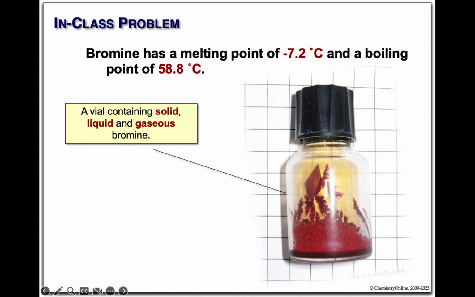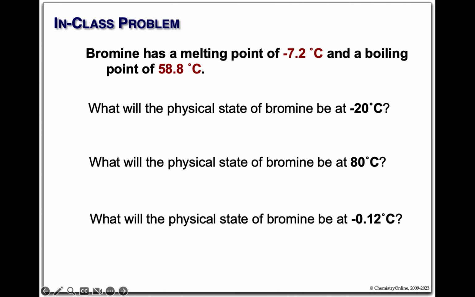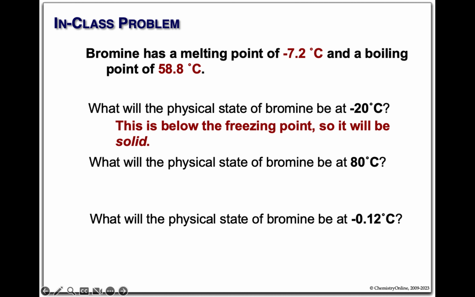Okay, so if I ask you, if we're at minus 20, what's the physical state of bromine? Well, minus 20 is awfully cold. The melting point is minus 7. So if we're below minus 7, it's a solid. If we're at 80, well, the stuff boils about 58, 59.